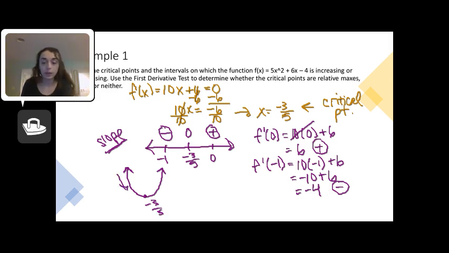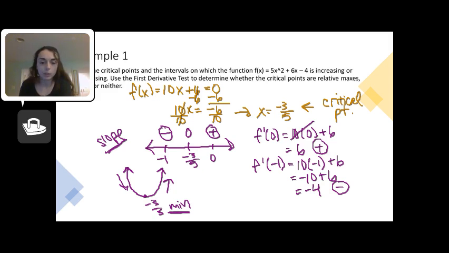Okay, so the last part of this problem is identifying the intervals in which the function is increasing or decreasing. So this number line really helps us out because we already know where the function is increasing or decreasing. We know where the slope is negative and positive. So we know that the slope is negative for all x values less than negative 3/5.